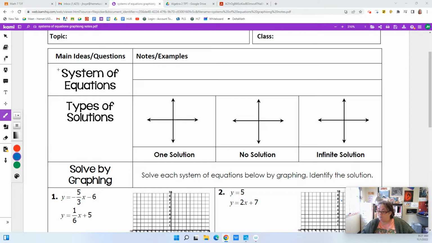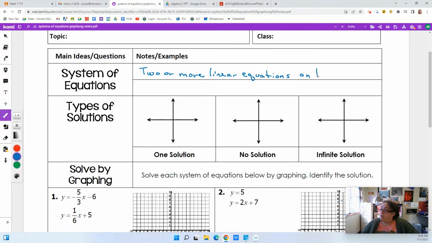And what a system of equations is: two or more linear equations on the same graph. I'll post these notes in your classrooms.